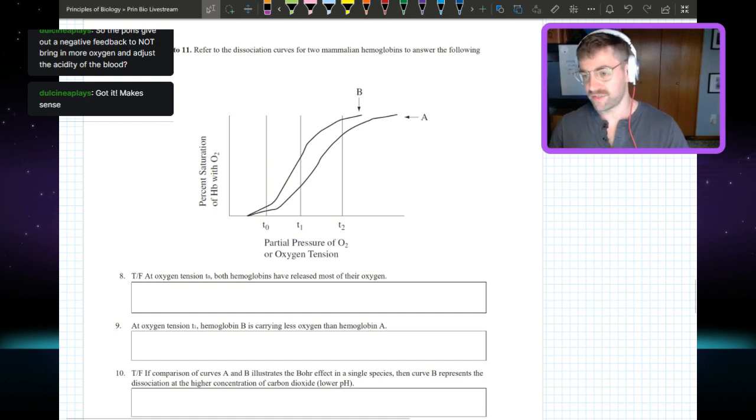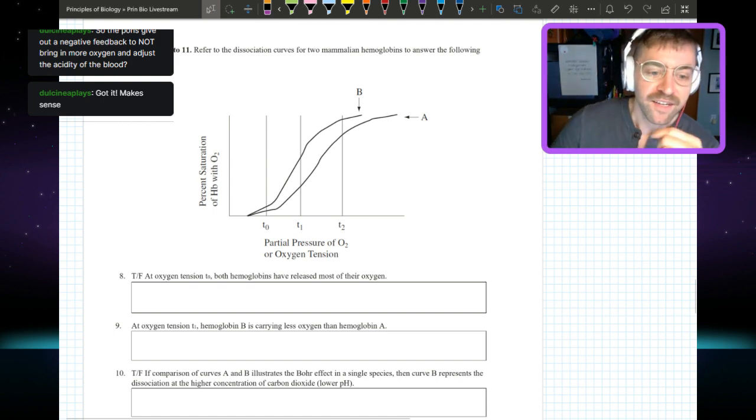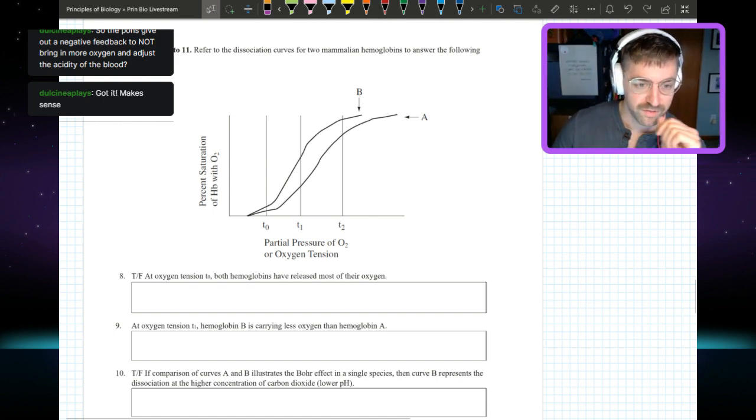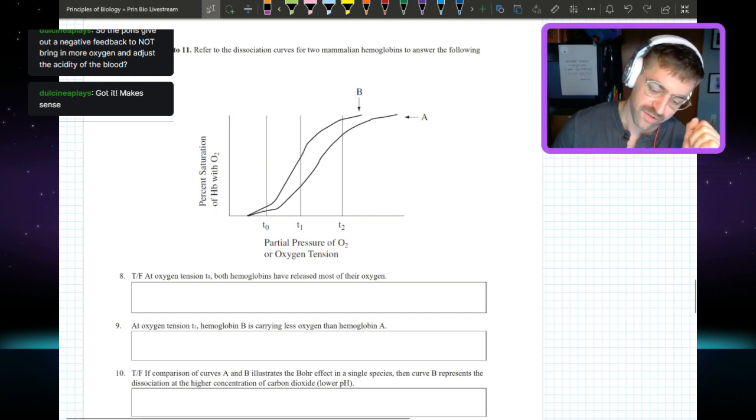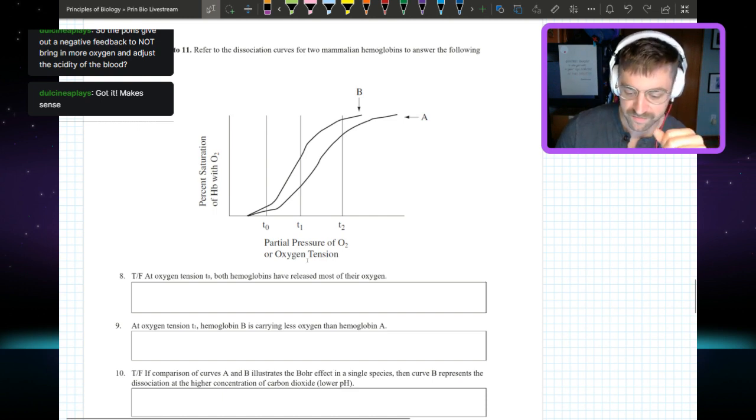I do want to do this one because I remember this being an exam question, so ding, ding, ding, pay attention here. So we've got percent saturation of mammalian hemoglobins to partial pressure of oxygen, or oxygen tension. True or false? At oxygen tension T0, both hemoglobins have released most of their oxygen.